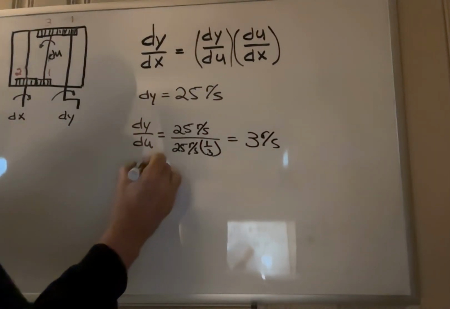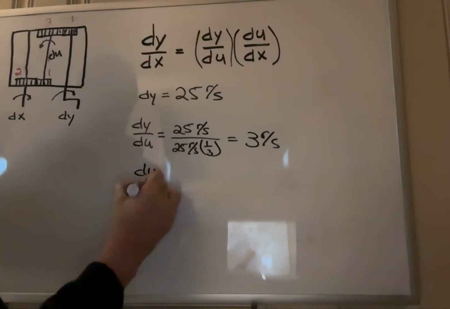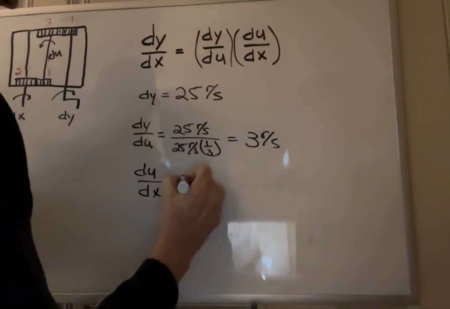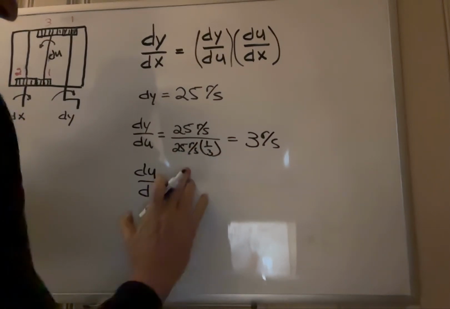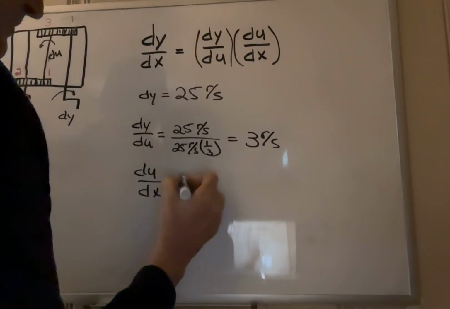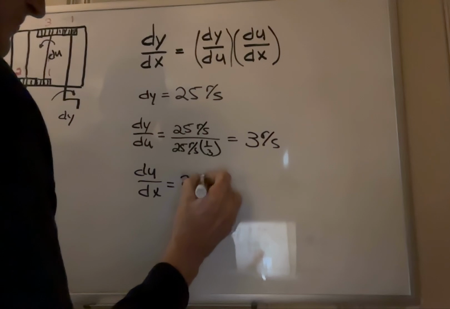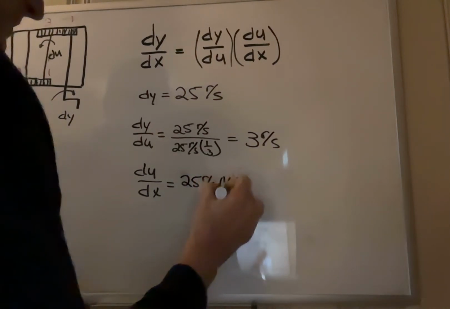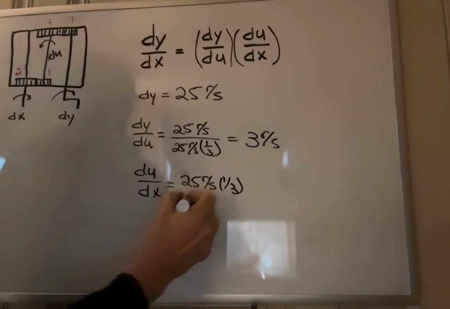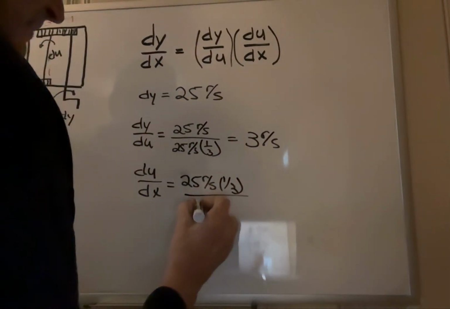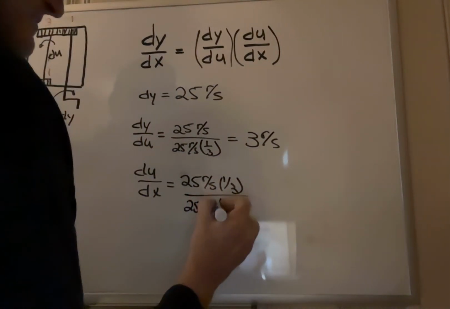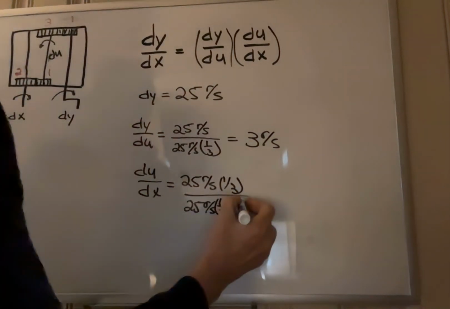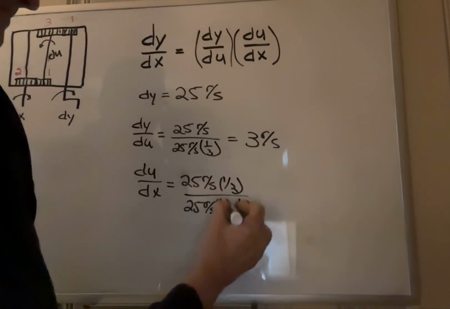And I think you see the pattern. du/dx is going to end up being 25 times 1/3, so this is 25 revolutions per second times 1/3, because this is my du. dx is going to be 25 revolutions per second times 1/3 times my 1/2 ratio over here.